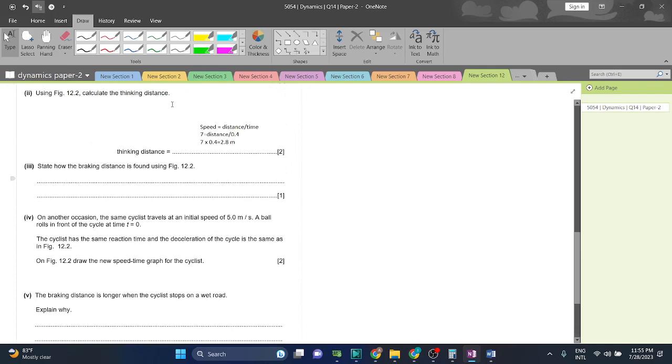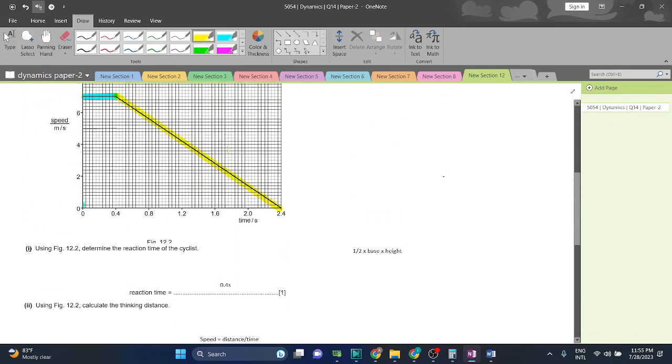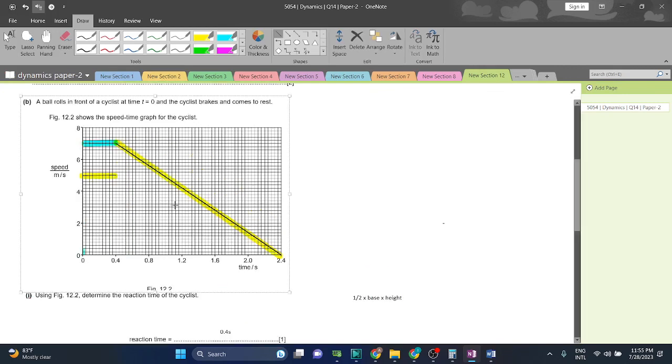Deceleration is the same means that the gradient will be the same. Gradient is the same when deceleration is the same. So we will plot a similar graph.